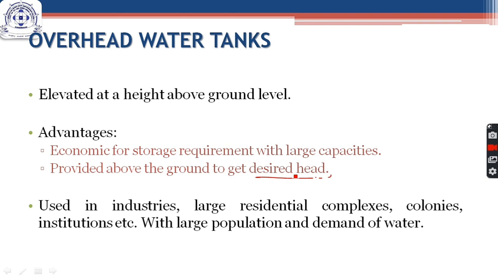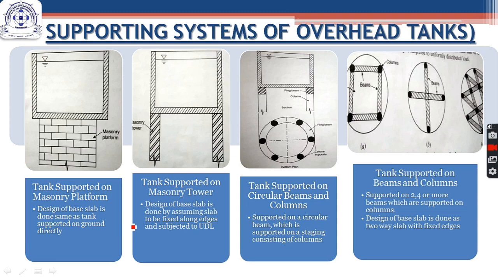Elevated water tanks are provided in industries for storage of various chemicals, water, etc., and in large residential complexes, colonies, institutions, office complexes, etc., which have large population and high water demand.